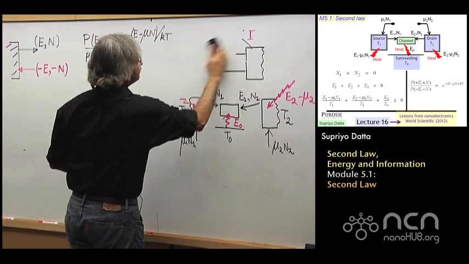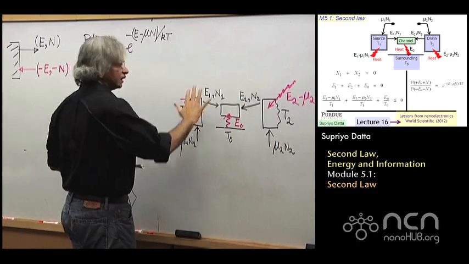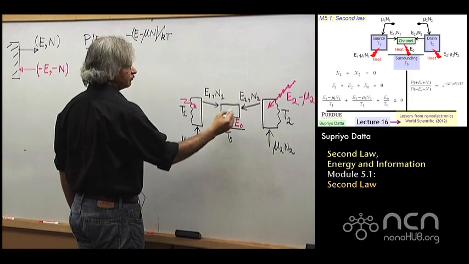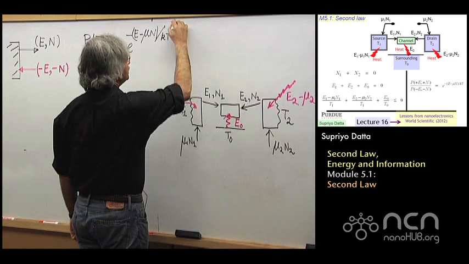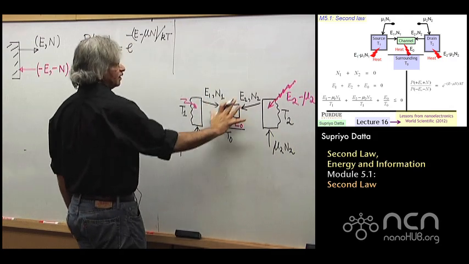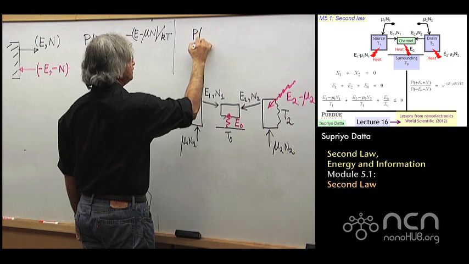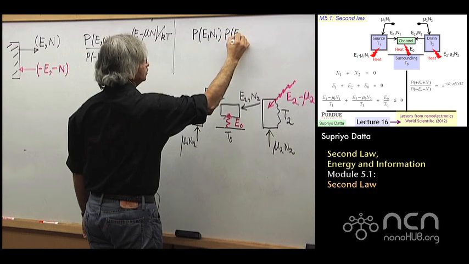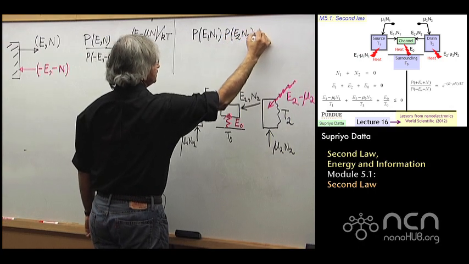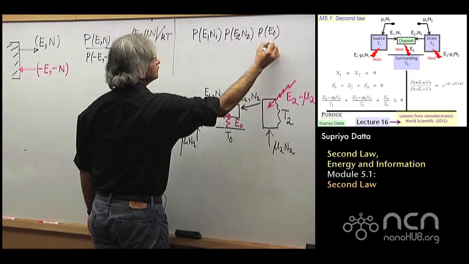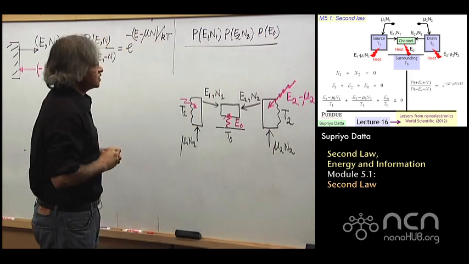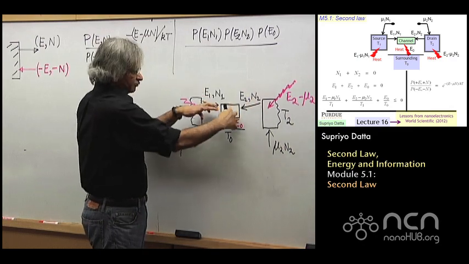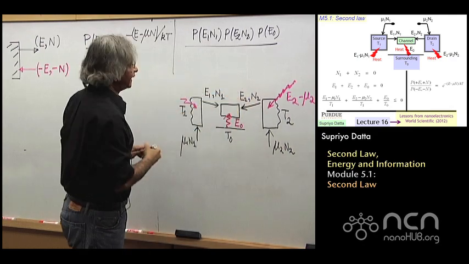Consider the process that we have drawn here. You're taking E1, N1 from here, E0 from here, and E2, N2 from here. So the overall probability of something like this happening would be P(E1, N1) times P(E2, N2) times P(E0). And now consider the reverse process, where instead of taking these in, the way I've drawn it, it goes out, all the negatives.